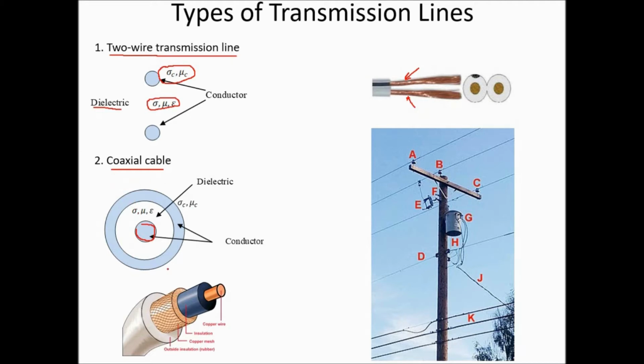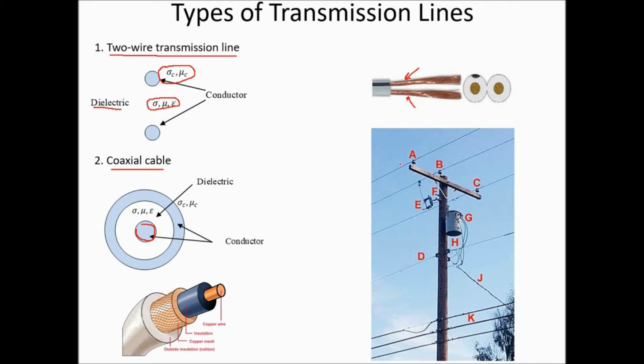Also, the outer conductor is surrounded by another dielectric or insulator. In this structure, we can see the copper wire is the inner conductor, surrounded by dielectric material, then another copper mesh conductor, which is also surrounded by another insulator. So this Rogers cable is this type of coaxial cable.